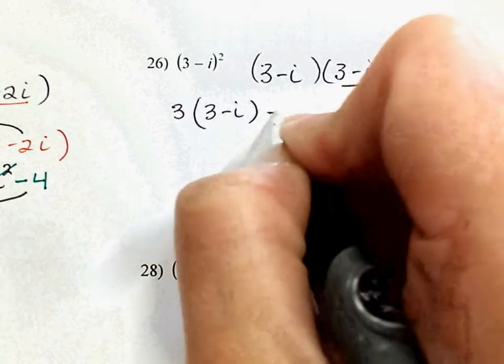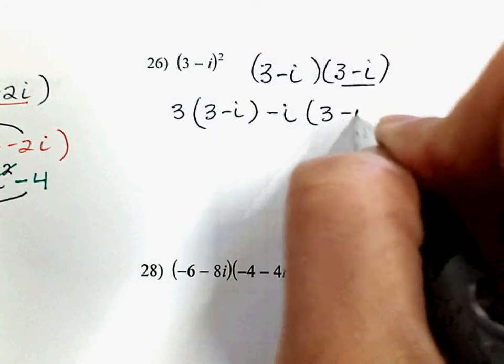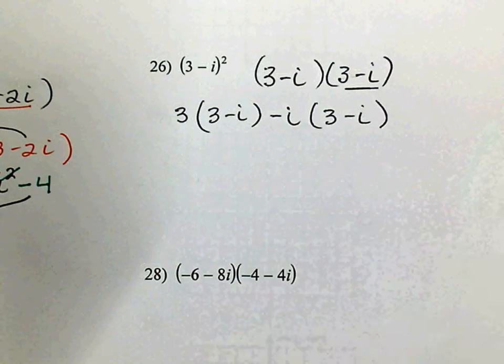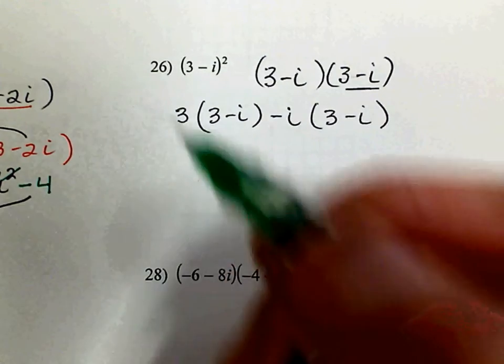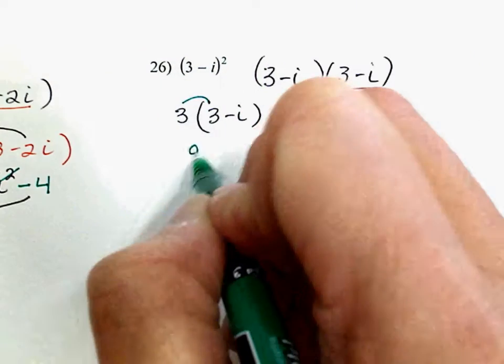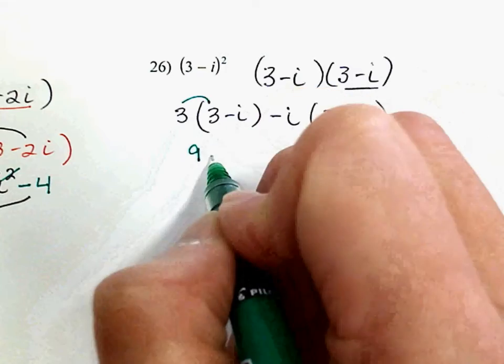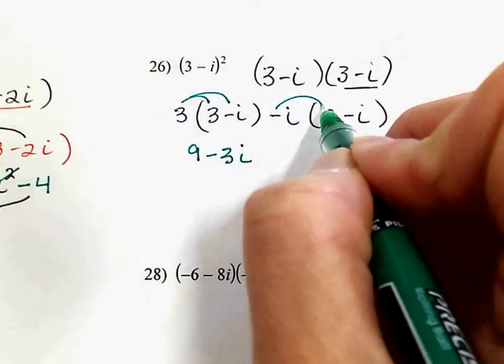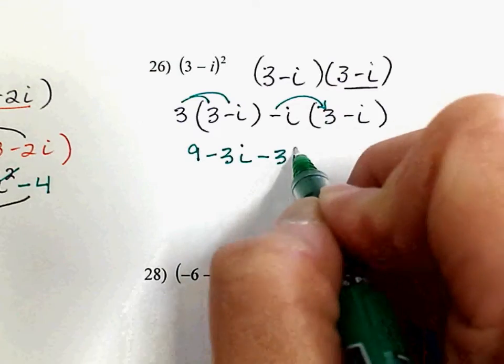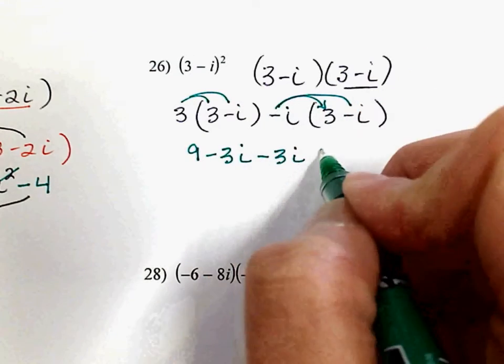Minus i. 3 minus i times 3 minus i. What do I do next? Distribute. 3 times 3 is 9. 3 times negative i is negative 3i. Okay. i times positive 3 is negative 3i. And i times i is positive i squared.